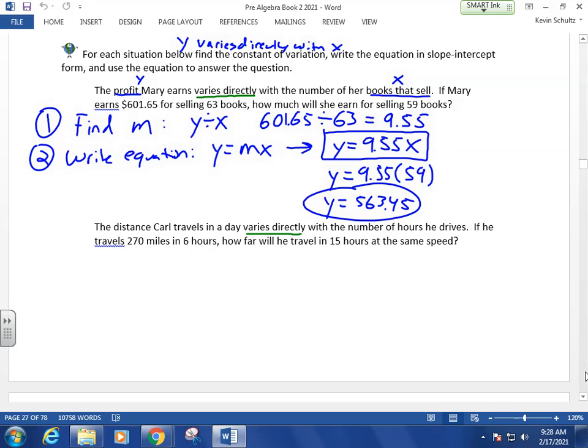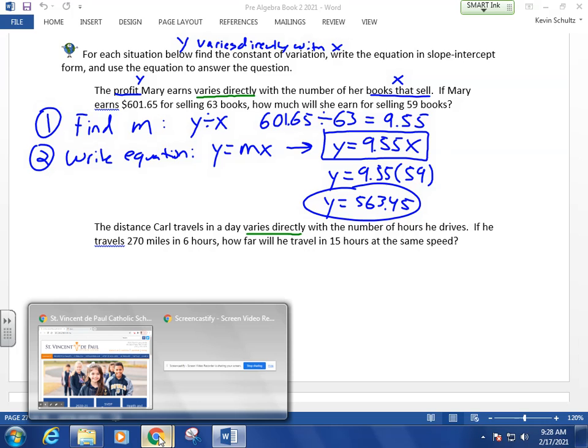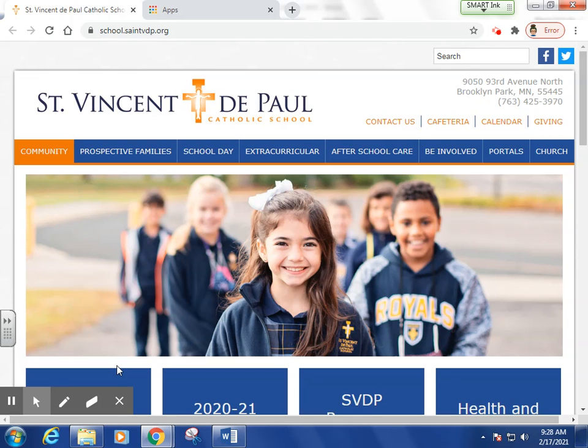If he travels 270 miles in 6 hours, how far will he travel in 15 hours going that same speed? So I'm going to pause the video here. I want you to work through each of these steps. Find m, write the equation, solve for the variable, answer the question. Raise your hand when you're finished so I can come take a look. If you get stuck along the way, I will gladly assist you. But I'm going to pause the video here so I can walk around and help you out.